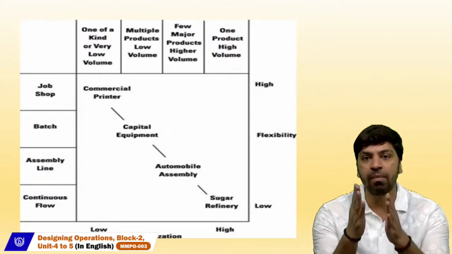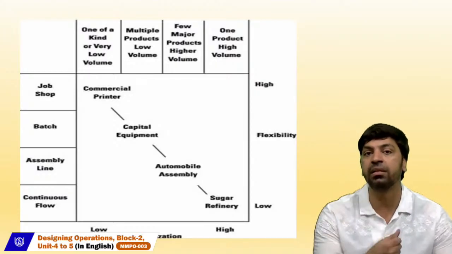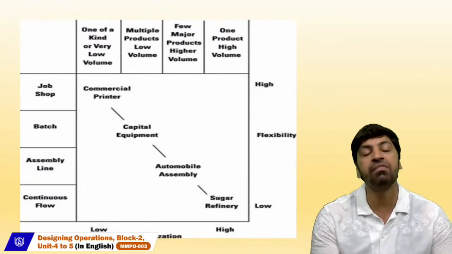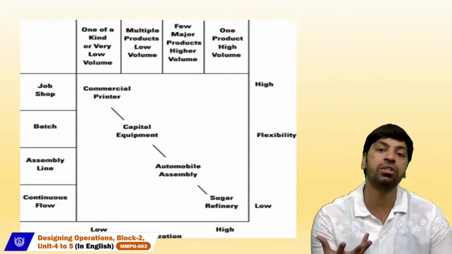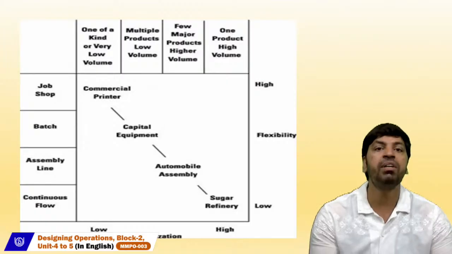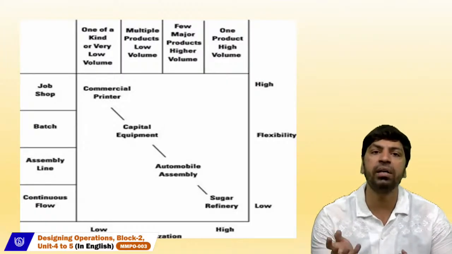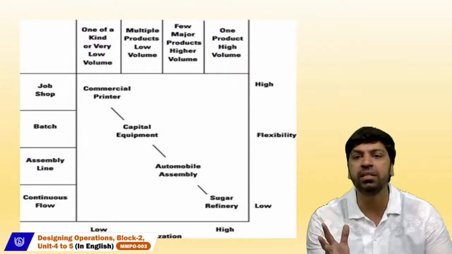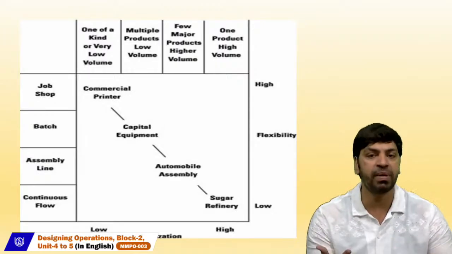So when we talk about one product with a high volume or high production units, it could be a high specification. But when we talk about one product at one time, it could be a low specification.